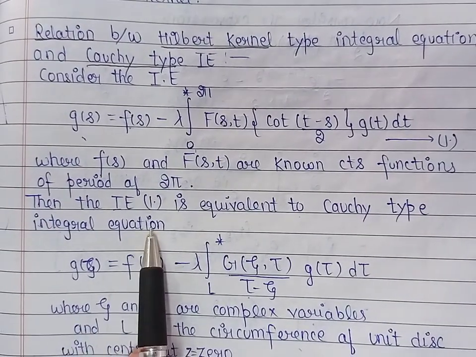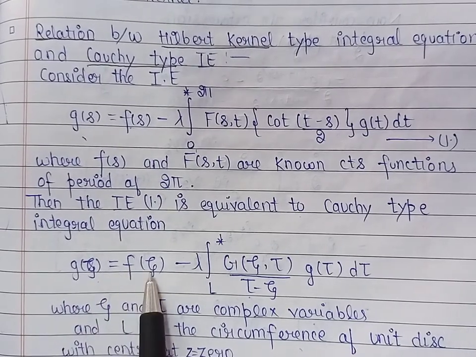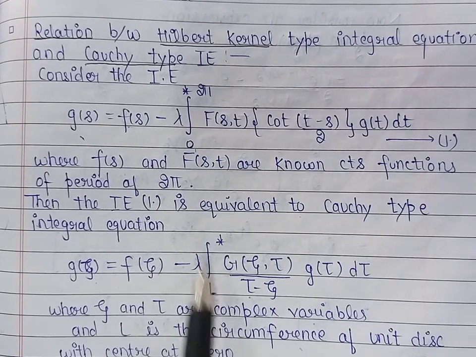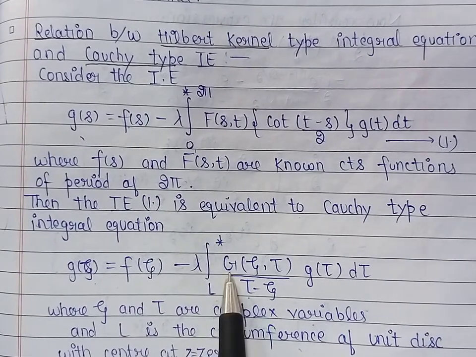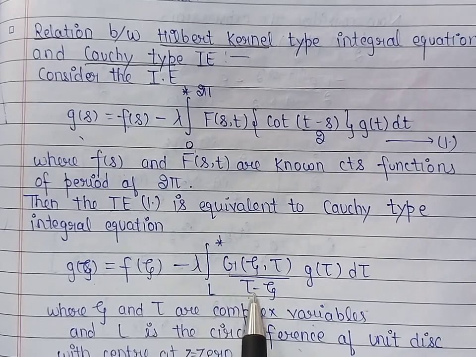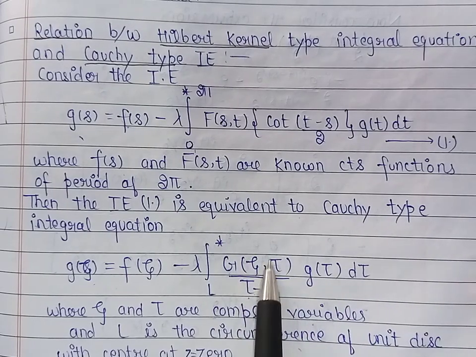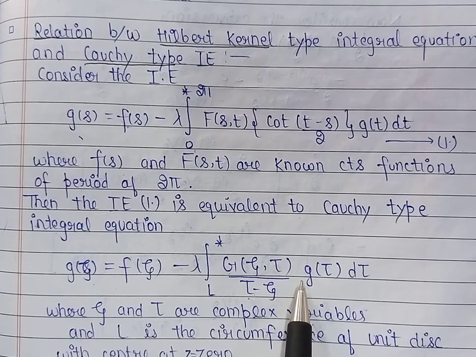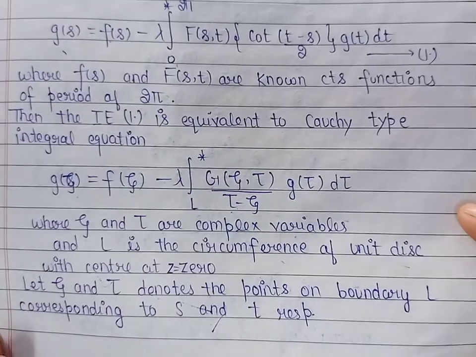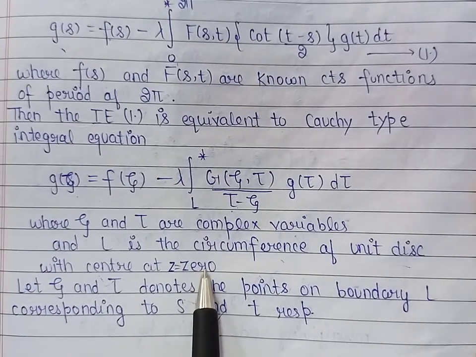It is of the form g(zeta) is equal to f(zeta) minus lambda integral over L of g(tau) divided by (tau minus zeta) d tau. Here zeta and tau are complex variables, and L is the circumference of a unit disk with center at the point z equal to 0.